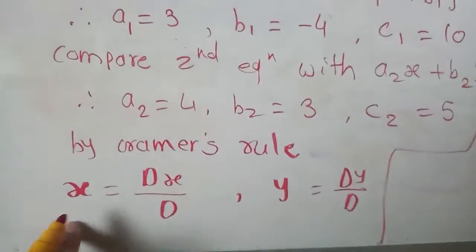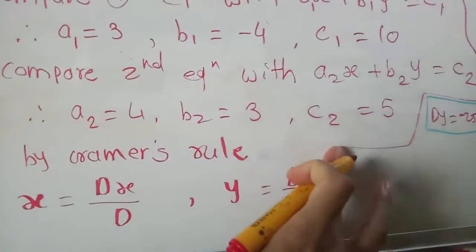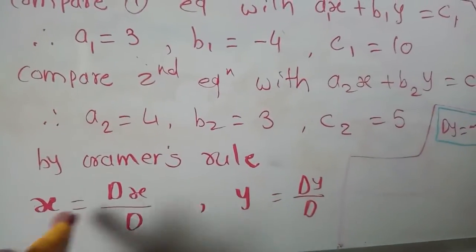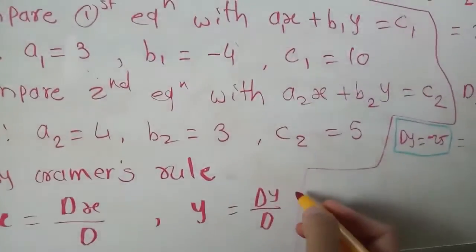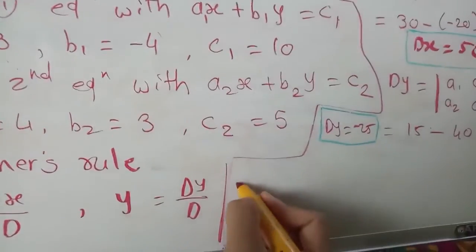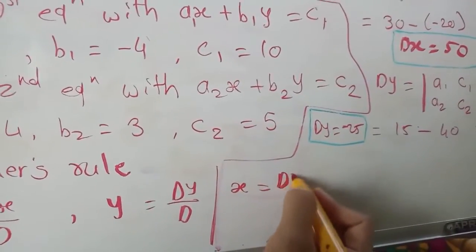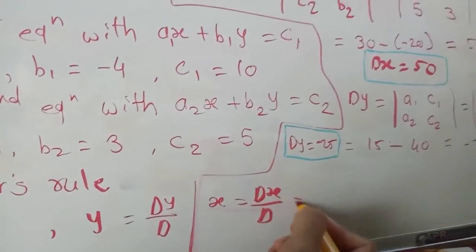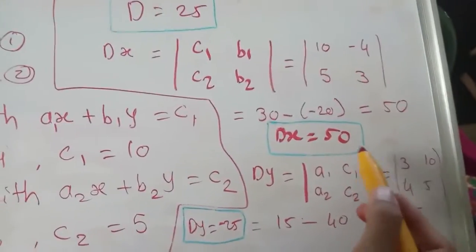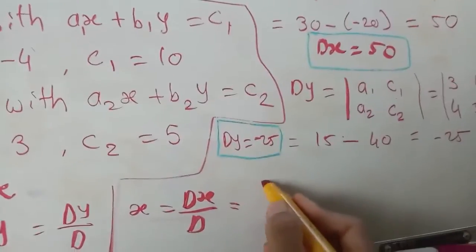So find the value of x and the value of y. So x is equal to dx upon d. The value of dx is 50 and the value of d is 25.